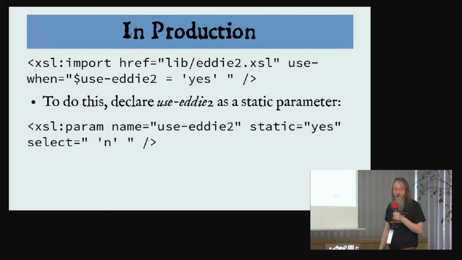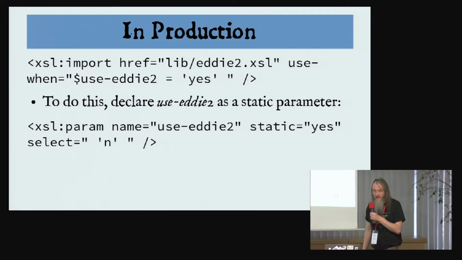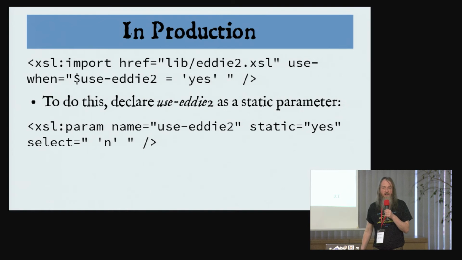So, in production, what I do is XSL import, use-when equals use Eddy2 equals yes. And to make that work, you declare use Eddy2 as a static parameter. As anyone here knows, use-when is an XSLT 3 thing, but it lets you have a conditional import so that you can turn it off and on.